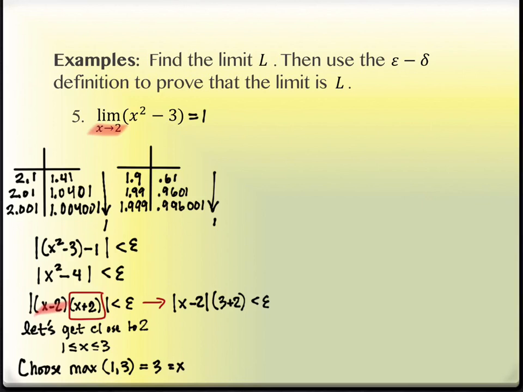That's also 5. So I have x minus 2, I have a 5 now, less than epsilon. So my x minus 2 is now less than epsilon over 5 if I divide it. So I got to the point where I have a constant on the other side. That is what I was hoping for, right? I wanted a constant on the other side. I've got that. Why did I want to choose 3 instead of choosing 1?